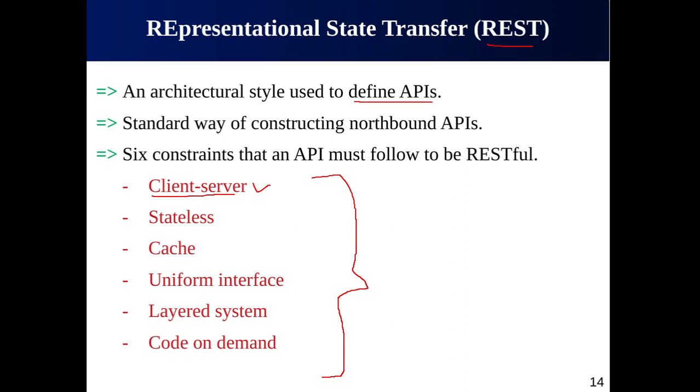It will actually allow client and server components to evolve independently. Meaning either the server or the client would be able to change without affecting the other component. It also supports the portability of the server-side functions to multiple platforms.